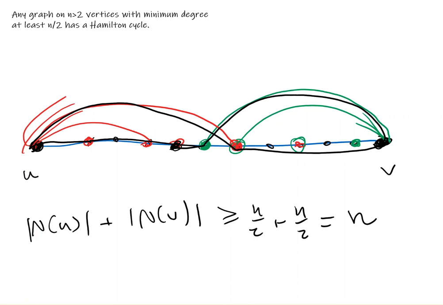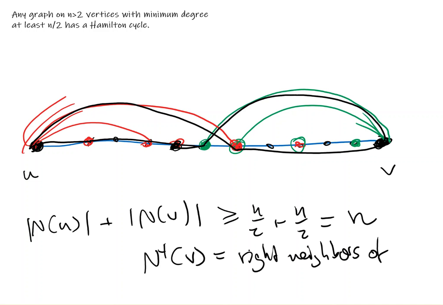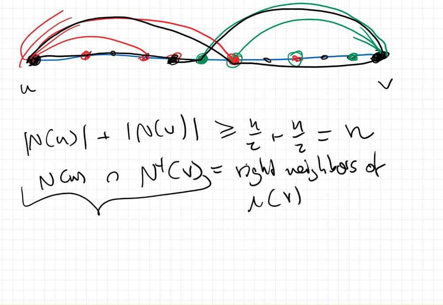It means that if I look at the set N+(v), which is equal to the right neighbors of N(v), if I look at this set instead, and if this set and the neighbors of u, the red vertices, so the right neighbors of the green vertices and the red vertices, if this set here is not empty, then we're done.